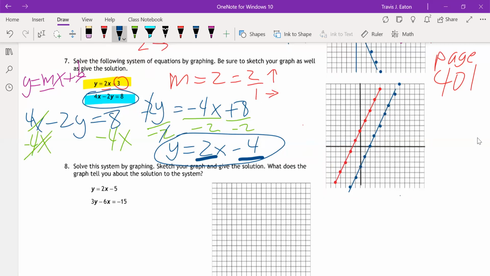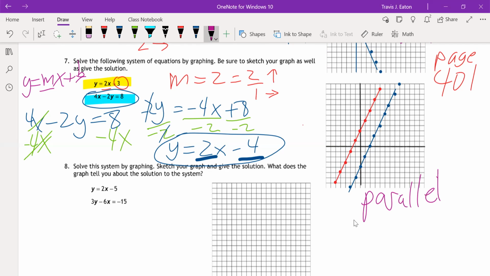Now, you'll notice that when I graph these, they aren't going to cross. And remember, the solution to a system of equations is an ordered pair where those lines intersect. Well, because these lines are parallel, they never intersect.